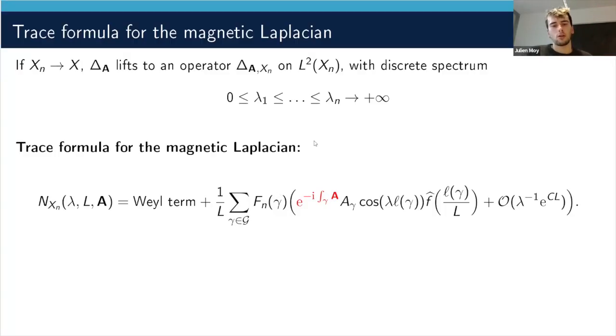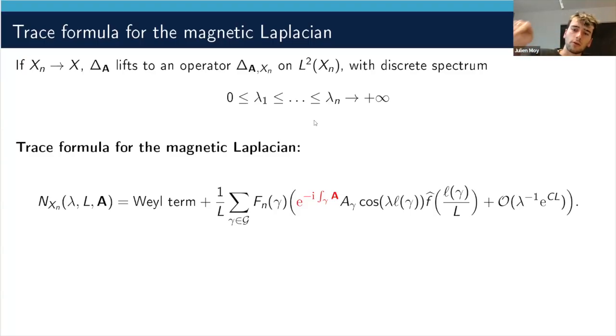So there is a new term for the geodesic gamma, which takes an exponential of minus i times the integral over the closed geodesic gamma of the magnetic potential, which should be thought of somehow as some magnetic flux that goes through the surface enclosed by the geodesic gamma. Okay, of course, I said that there is no magnetic field on the surface, but you could imagine having some magnetic field going through the holes on the surface, but still vanishing on the surface.